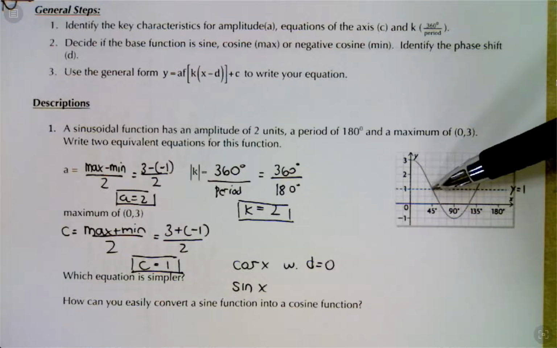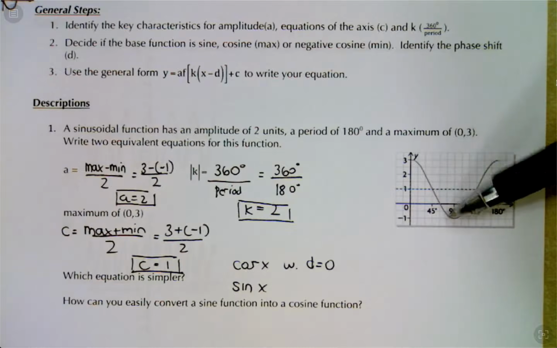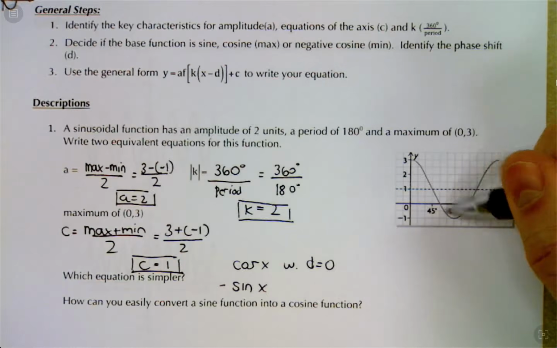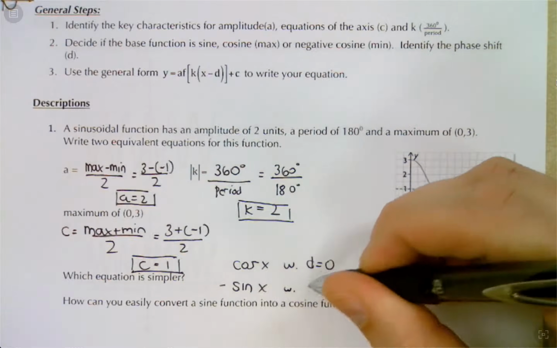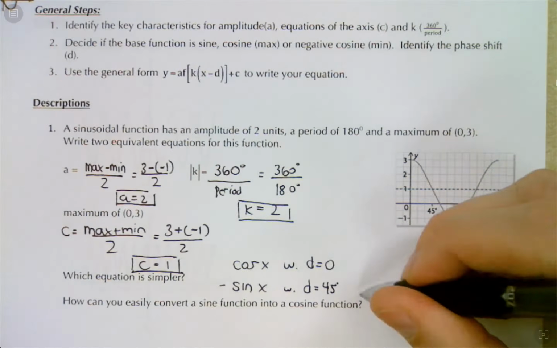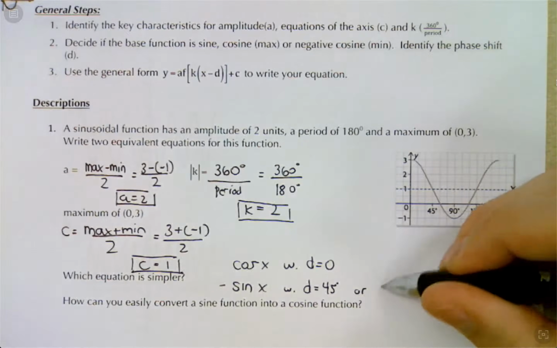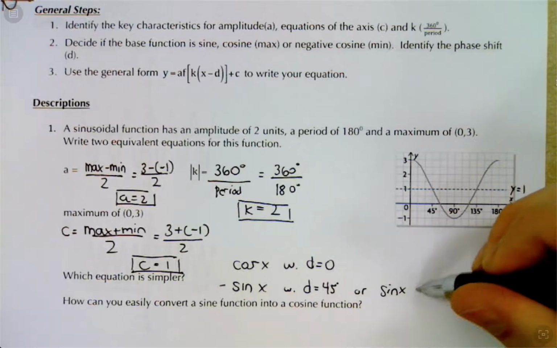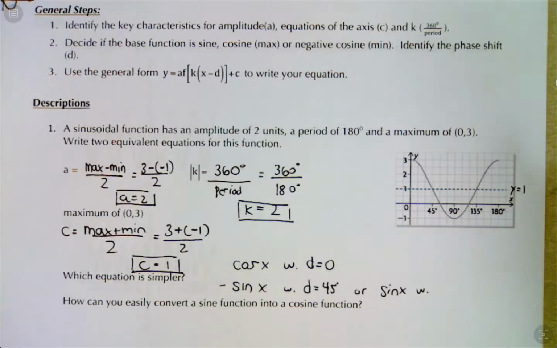Now, since we're on the axis and going down, that would resemble negative sine. So we could say negative sine with a d value of 45. Or we could say sine with a d value of 135.